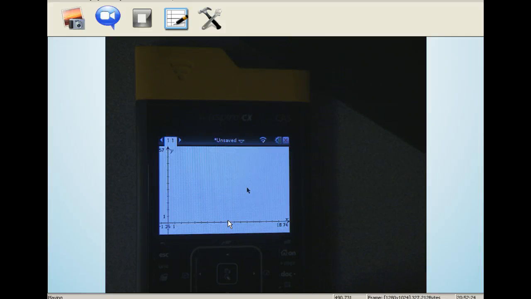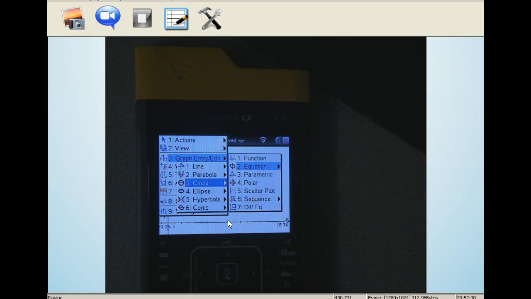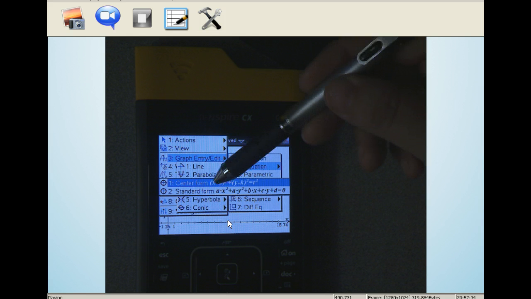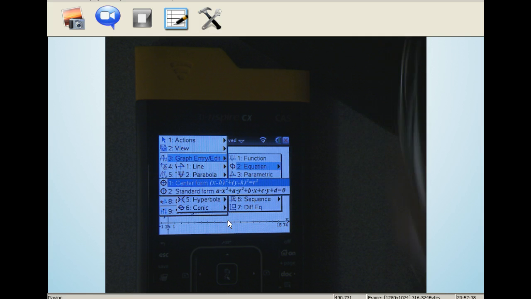So if I go menu, graph entry edit, and I want to put in the equation of a circle, notice that it asks if I want to put it in its center form: x minus h squared plus y minus k squared equals r squared. That's nice because I can just pick h and k, which are the coordinates for my center, and the radius that I want.